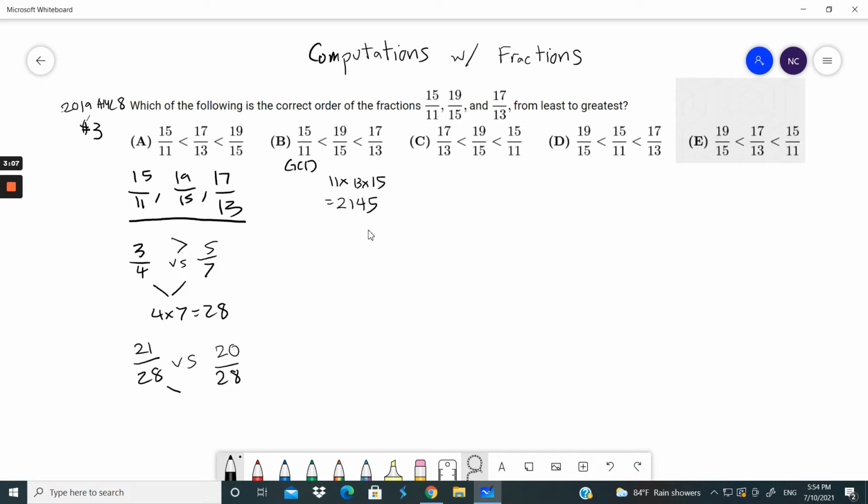So when you're changing all of these fractions into their respective fractions with this denominator, I would have to multiply 15 by 13 and 15, 19 by 11 and 13, and 17 by 11 and 15. That's so much multiplication, and that's really big numbers.